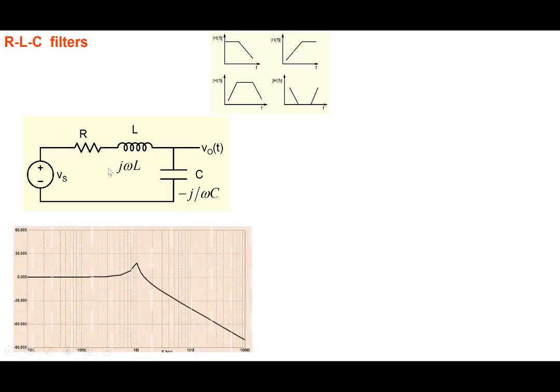So in this case, if we take the voltage across the capacitor, you can verify that this acts like a low pass filter. It passes the lower frequencies and rejects higher frequencies, and interesting things happen around the resonant frequency.